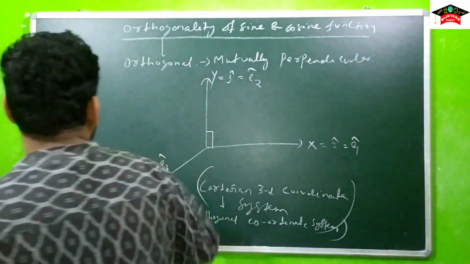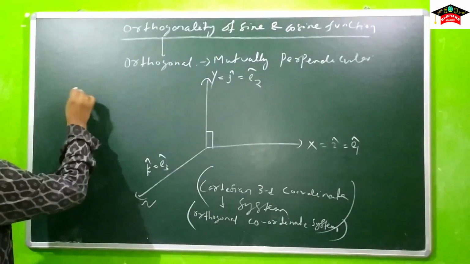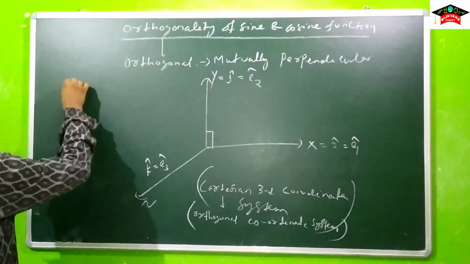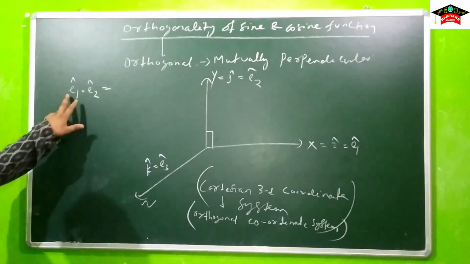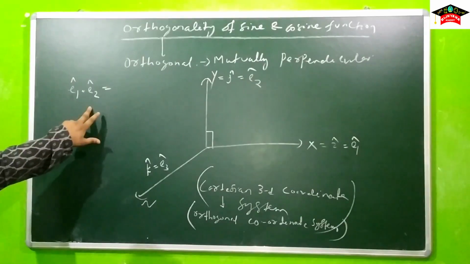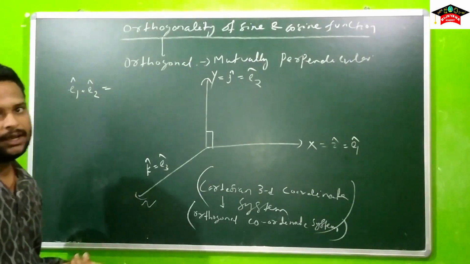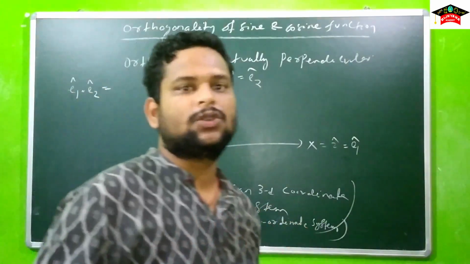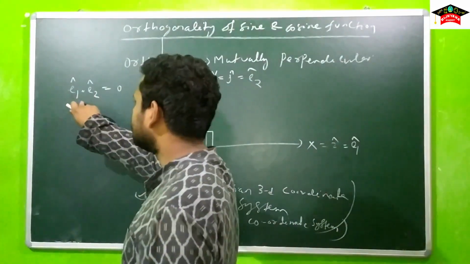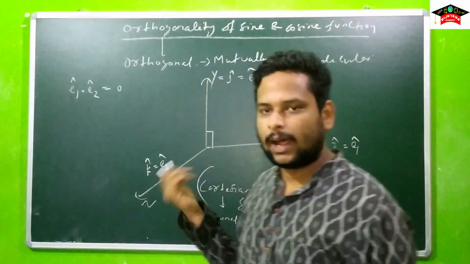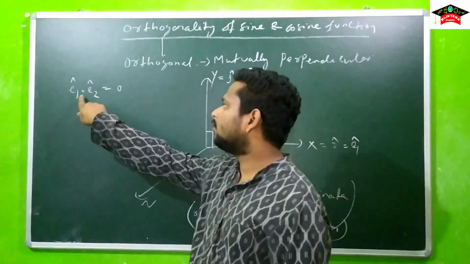If we take E1 cap dot E2 cap, one is along the x direction and the other along the y direction, so the angle will be 90 degrees and cos 90 is 0. So the dot product is 0. That means i cap dot j cap equals 0, or in other words E1 cap dot E2 cap is 0.